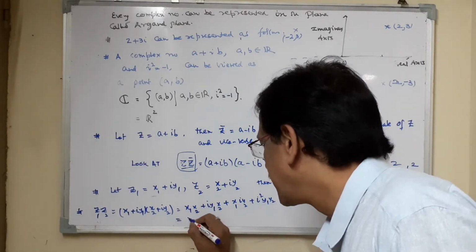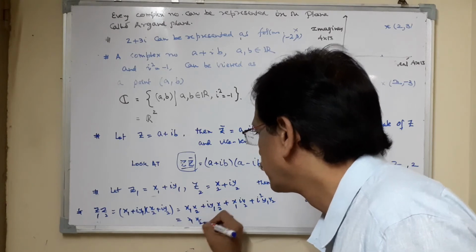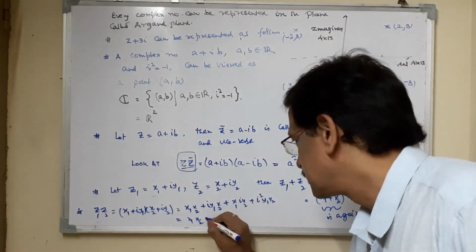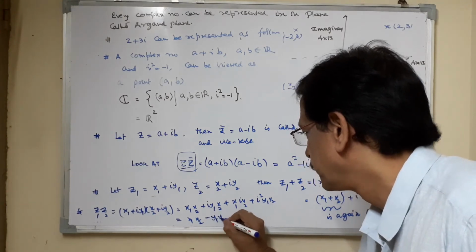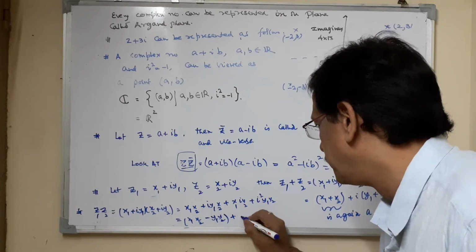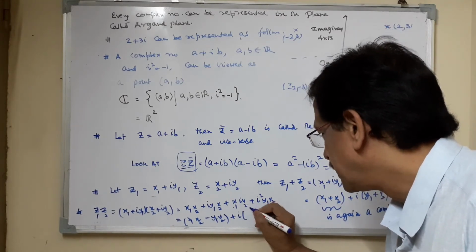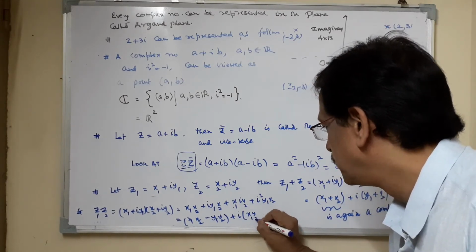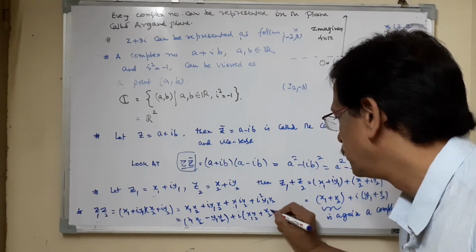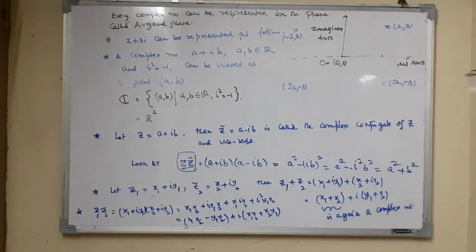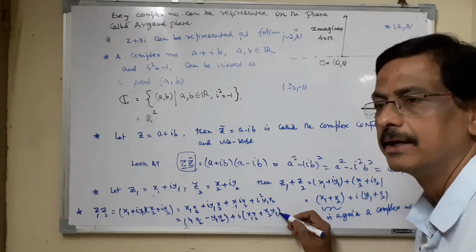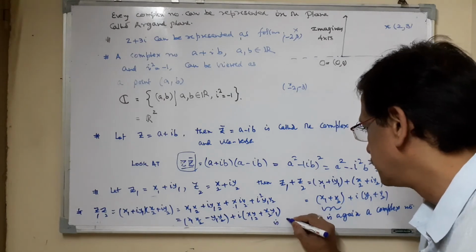This is equal to x1 x2, i square is minus 1, so this is minus y1 y2, plus, take i common, so I will get i into (x1 y2 plus x2 y1). It's again of the form a plus ib, so again a complex number.